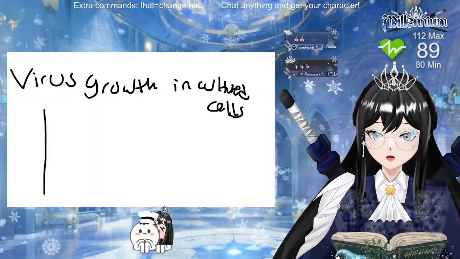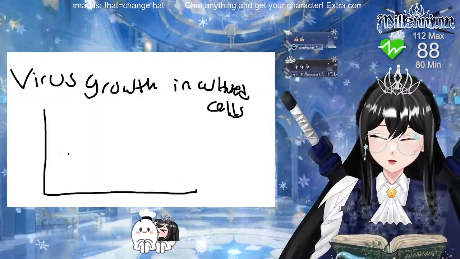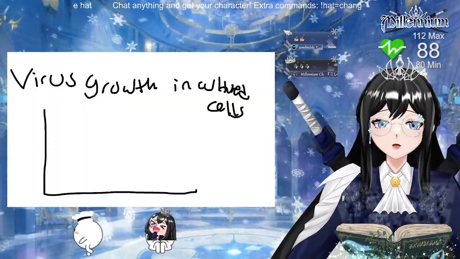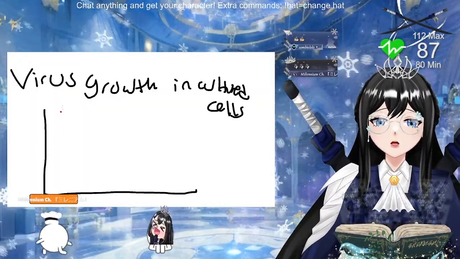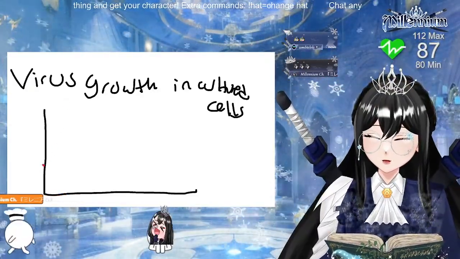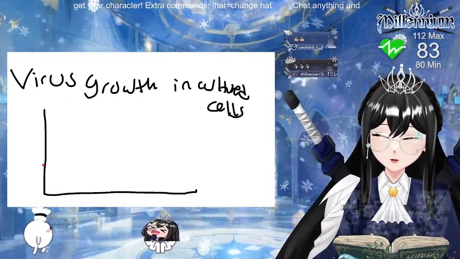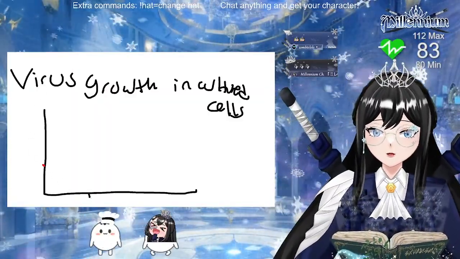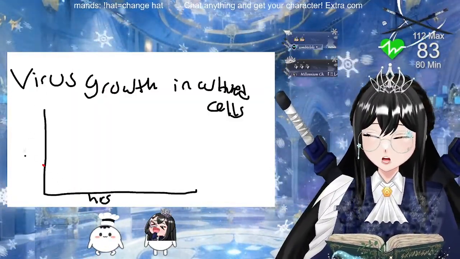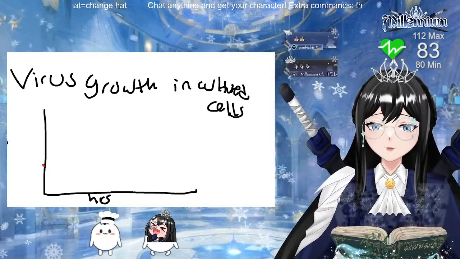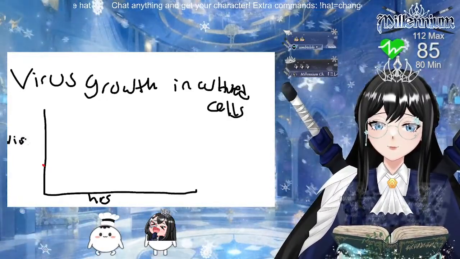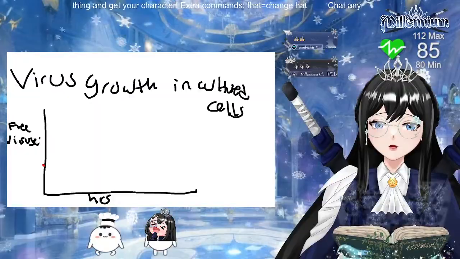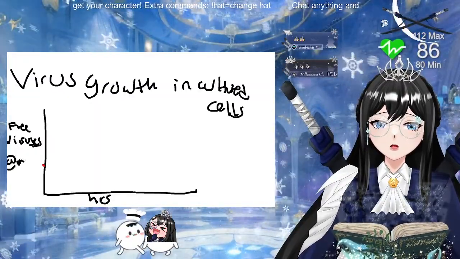You could be 1 step, okay? I'll do red for the 1 step. X-axis would be hours. Y-axis is the free viruses in the medium.